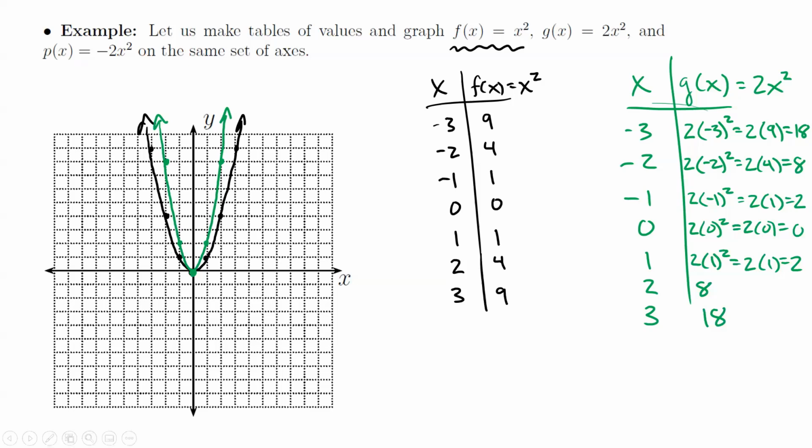We can do a similar thing for the p of x function, though I'm not going to show nearly as much detail in doing so, because notice all that's happening is I'm multiplying by negative 2 instead of positive 2.